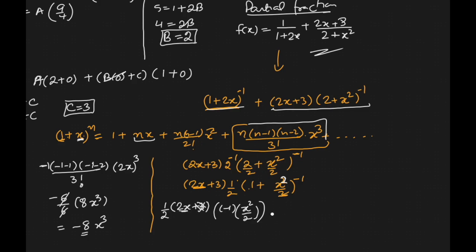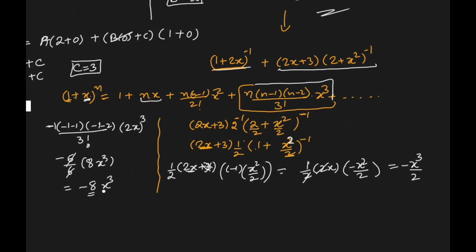So half times 2x times minus x square over 2 times minus x square over 2. So this 2 and 2 get cancelled out. We get minus x cube over 2. And now since I have one x cube here, one x cube here, let's see what we get together.